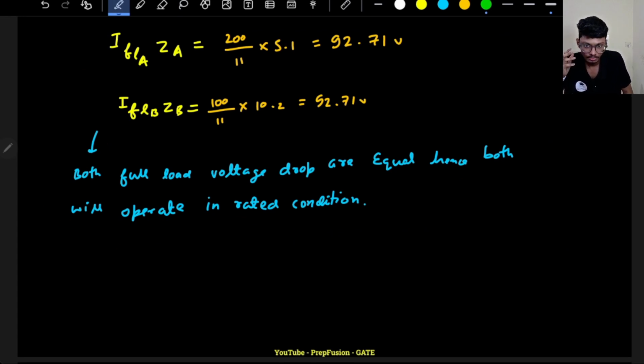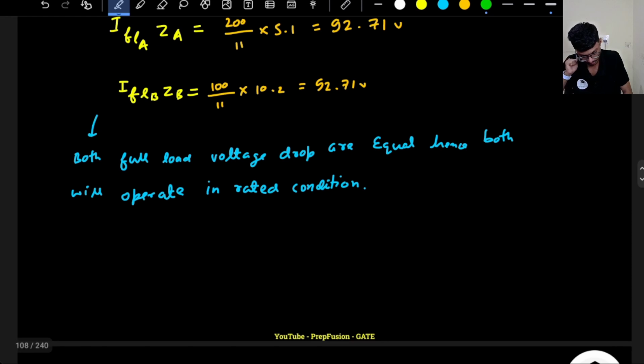What I can comment here is, let's assume that if you don't believe me, you say, sir, transformer A is operating in rated condition, transformer B is not operating in rated condition. Use the formula.